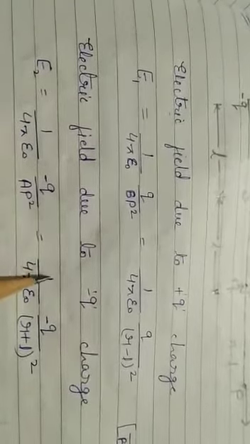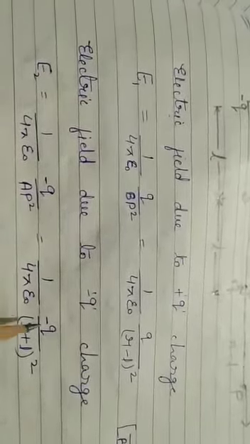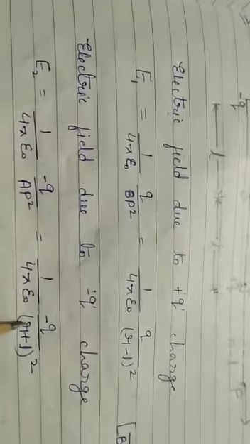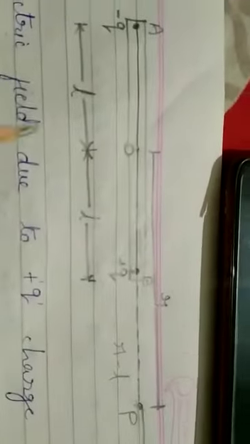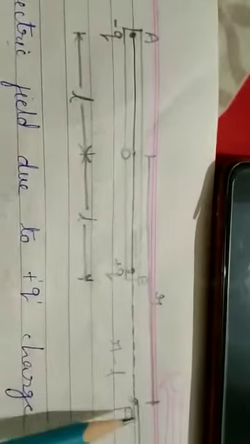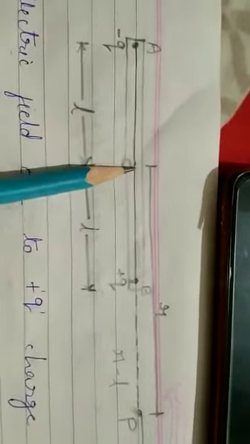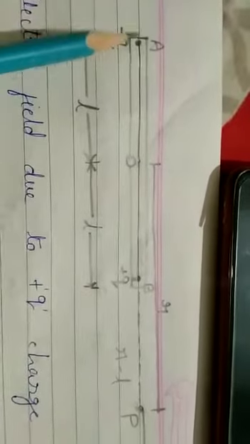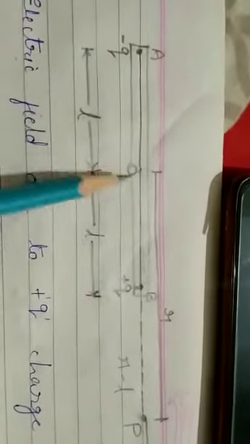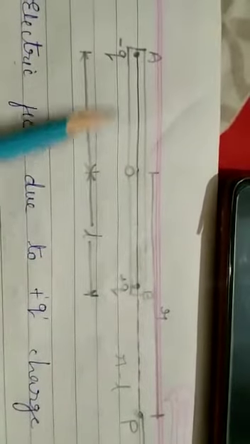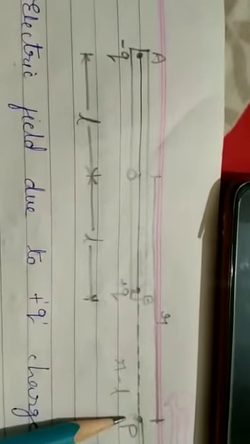In place of AP square we will put (r plus L) square. Here again you see A to P means AO plus OP. AO is L and OP is r, so the distance from A to P will be r plus L.